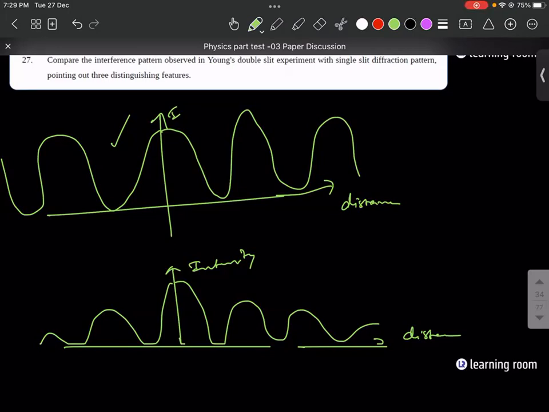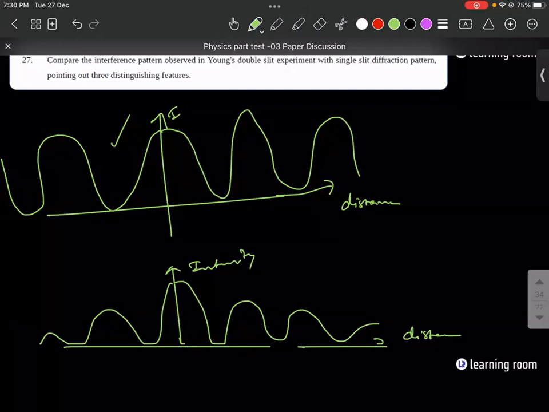Similarly, for interference you have 2 different sources, which we call coherent sources. Whereas for diffraction, it is from the same, only one source. From the same source, it is called self-interference.